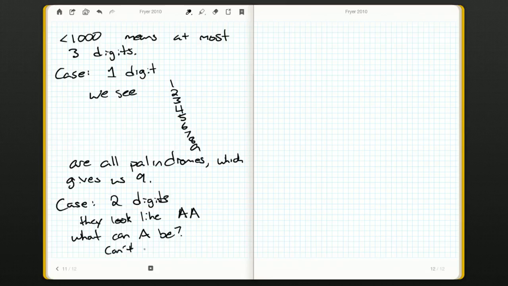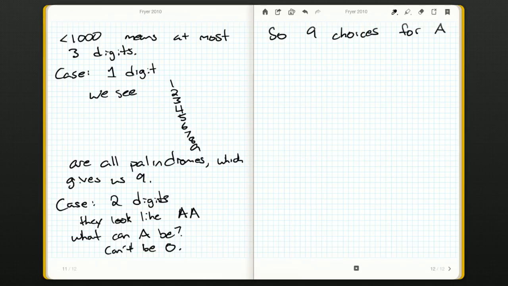How many different values can A be? It can't be 0, otherwise we're not looking at a 2-digit number. But any of the other 9 choices for A, be it 1, 2, 3, 4, 5, 6, 7, 8, or 9, will all work. So this gives us 9 more palindromes.